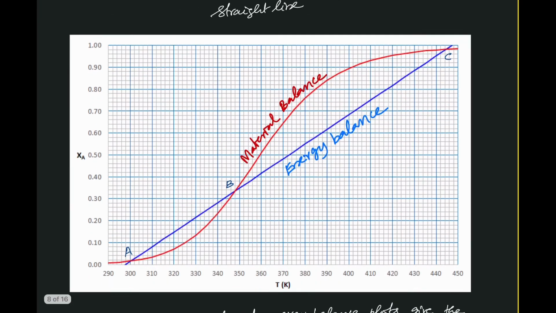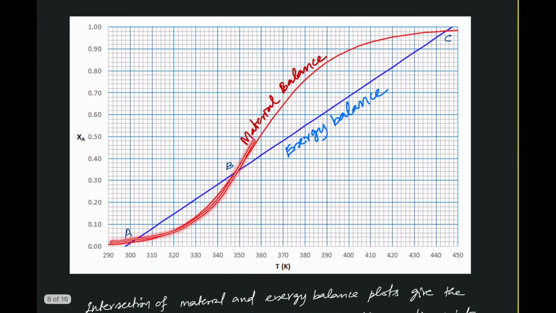So we have this S-shaped curve. So now the intersection points, these points are the solution for these two equations. Upon solving, we are getting these 3 points.